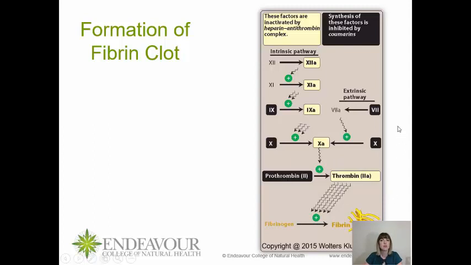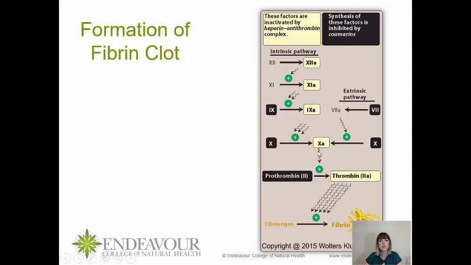On this figure here, we can see where our two groups of anticoagulants actually act. Our heparin is going to inhibit the factors when they're activated, that are depicted here in the lighter colours.